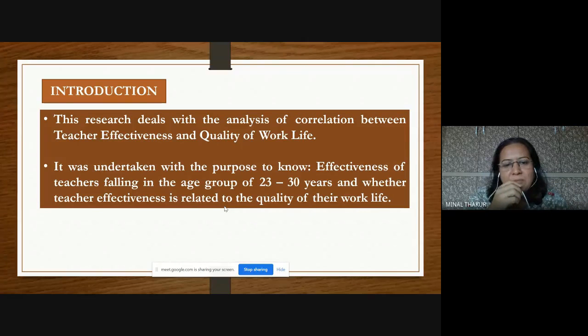So what is basically this paper about? This research deals with the analysis of correlation between teacher effectiveness and quality of your work life, or teacher's work life.